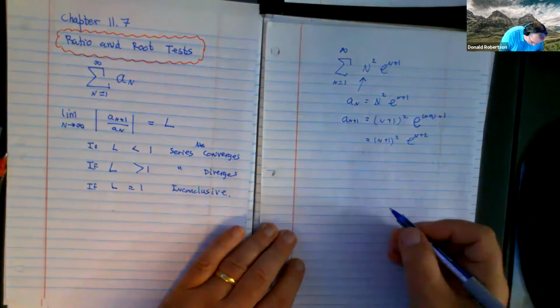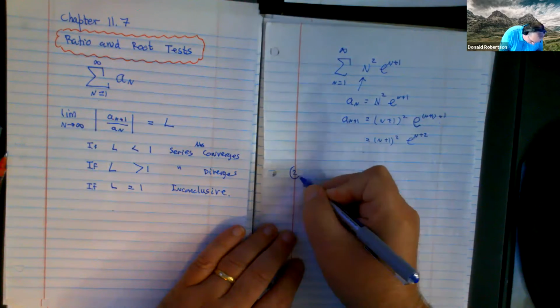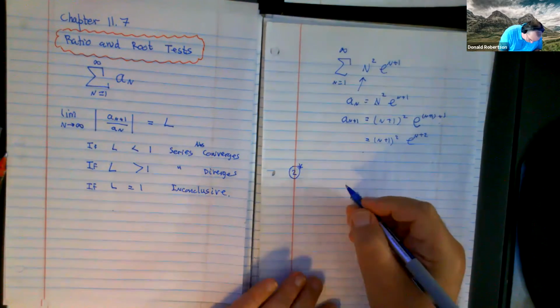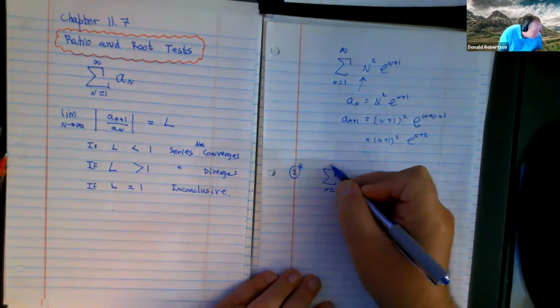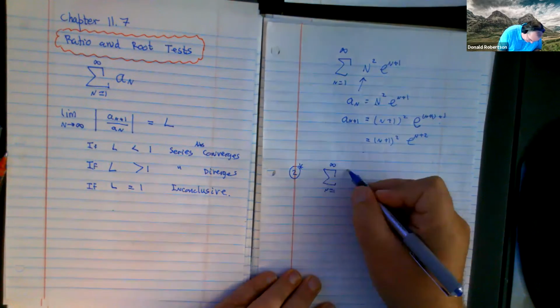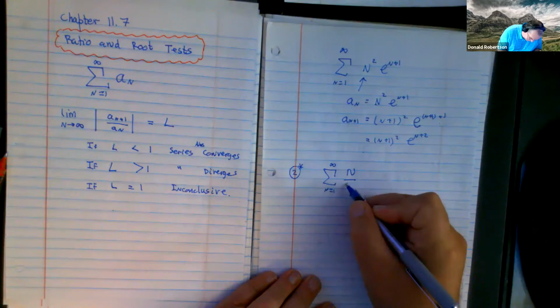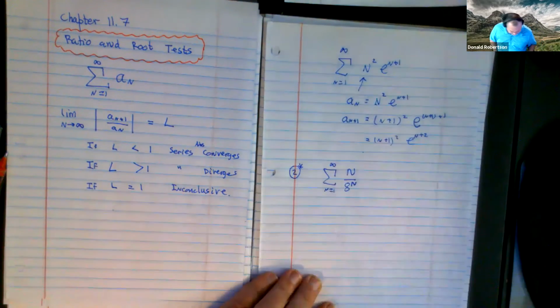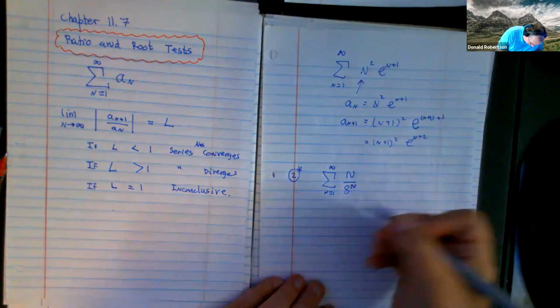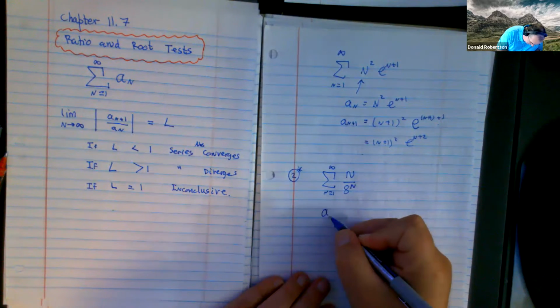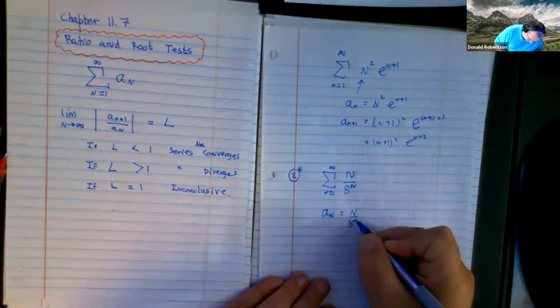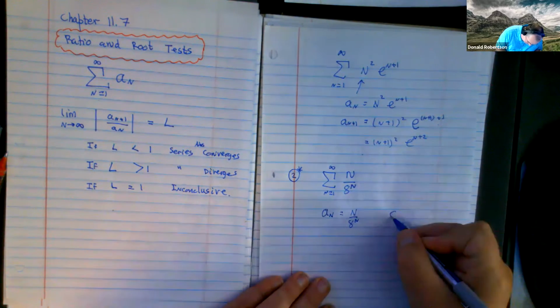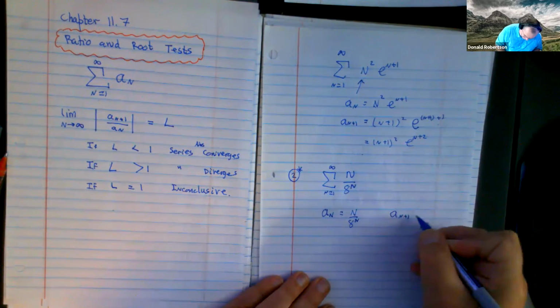Here is an example, question 2, and it's sigma n equals 1 to infinity n over 8 to the n. And this is how I would set this down. I'd write down a_n, and then I'd write down what the next guy is.